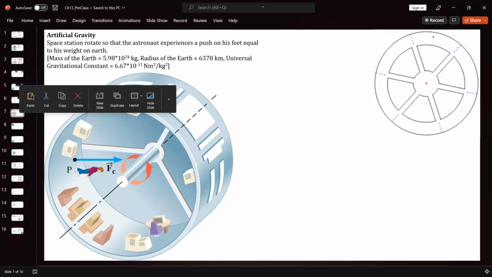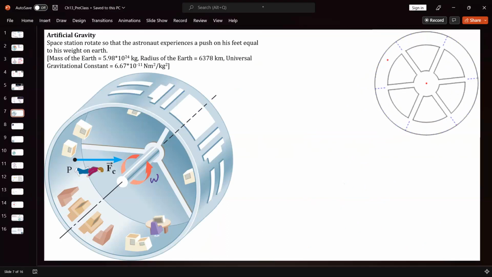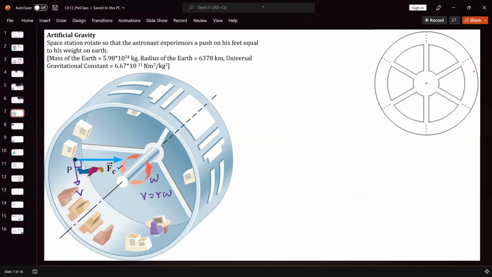If I rotate the space station with some omega, then because of that omega, the tangent velocity should be equal to r times omega. This person is always going to experience some tangent velocity that is at a 90-degree angle to the radius. Which means this person is always going to experience some centripetal force. When the person experiences a centripetal force, the person experiences the opposite force because of Newton's third law, towards the surface.